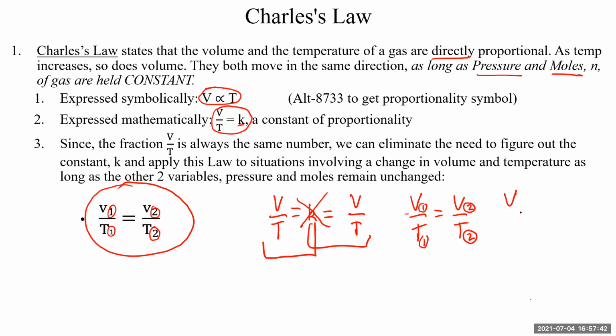We could even label these the volume of carbon dioxide, the temperature of carbon dioxide equals the volume of ammonia versus the temperature of ammonia. From the point of view of ideal gases, remember that the identity of the gases doesn't even matter. So 1 and 2 can stand for anything we want, and we don't have to use 1 and 2, it's just a convention to delineate which variables stand for which set of conditions.